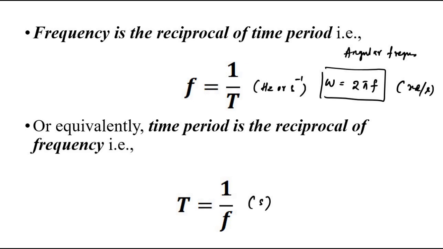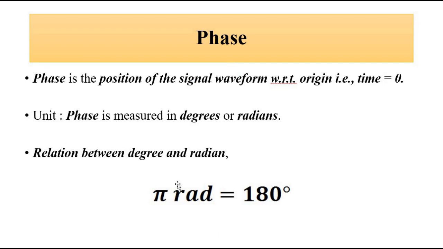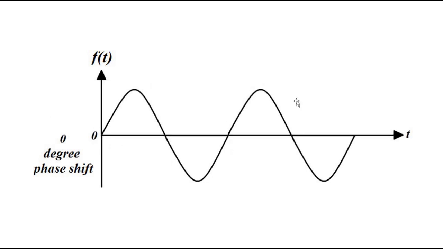Then is phase. So phase basically is the relative position of the signal at the start, or the point where observation started. Okay, so here, let's say this is the signal, and let's say we represent the signal as A equals A sine omega t.